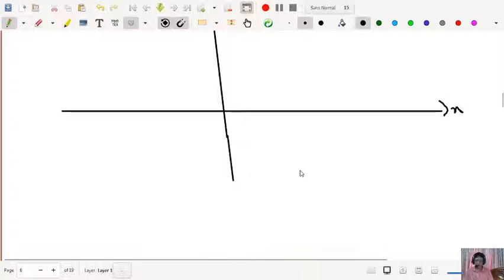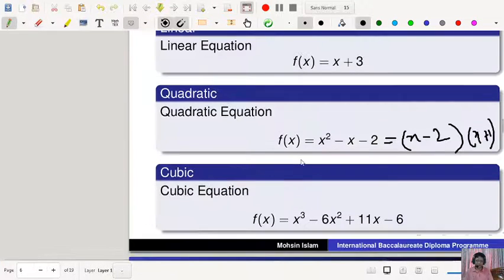Now just look at the factors: x plus 1 and x minus 2. If they are equal to 0, then the values of x will be minus 1 and 2.